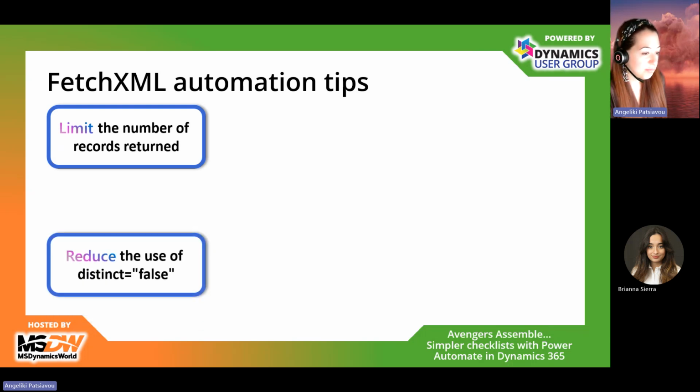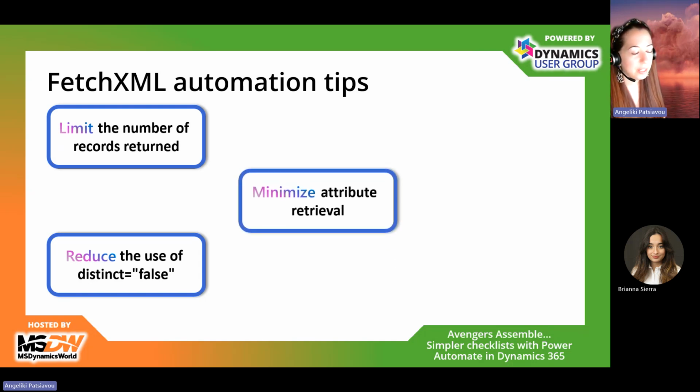Secondly, have a look. Do you need to worry about duplicates? Does it even matter? Ultimately, having distinct equals false without really caring about duplicates doesn't make a difference. It's going to be there by default whether you mention it or not. And finally, especially if you're taking your fetch XML query from another source, minimize the attribute retrieval.